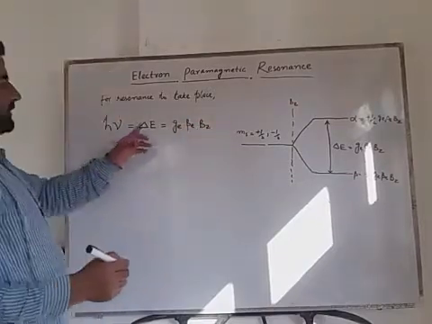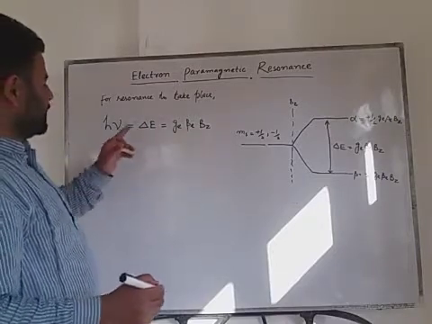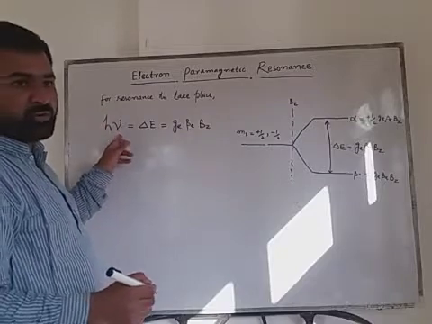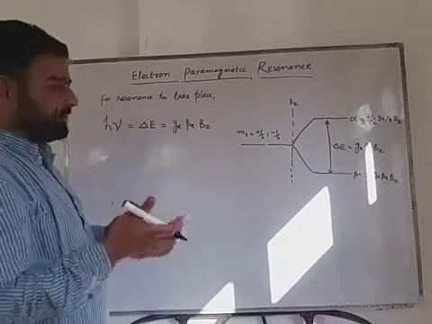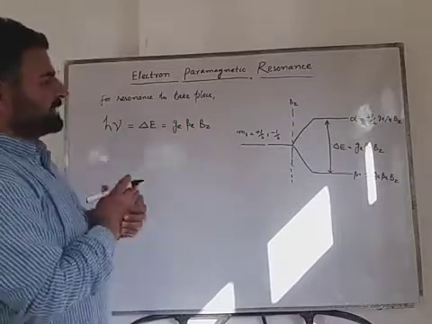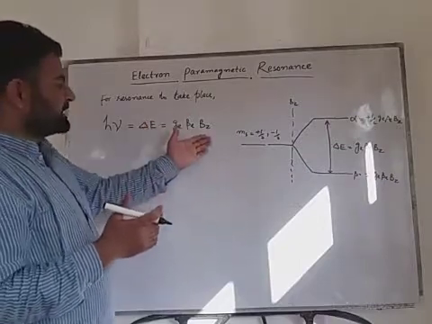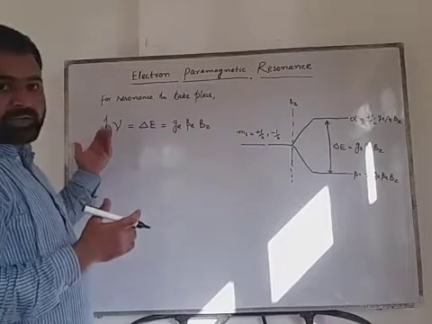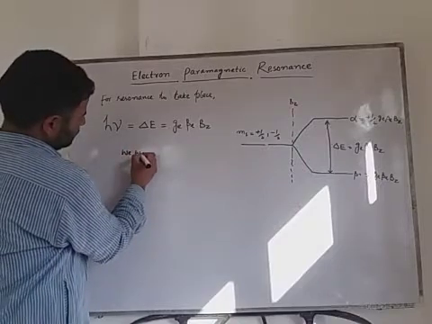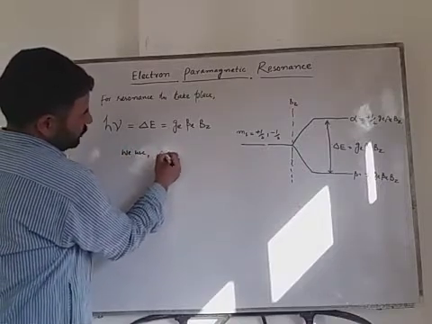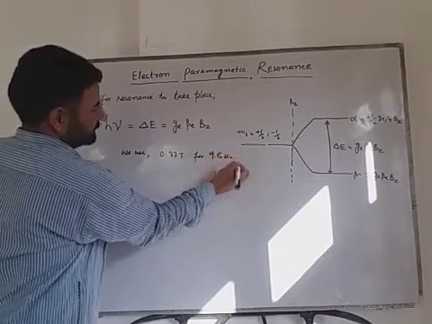That means this difference in energy is directly proportional to the applied field, and also the frequency required to undergo the resonance is directly proportional to the external magnetic field applied. So if we increase the external magnetic field, we will require higher frequency, and if we decrease the external magnetic field, we will require lower frequency to undergo the resonance. That is why we use a 0.33 Tesla magnet for 9 gigahertz frequency.